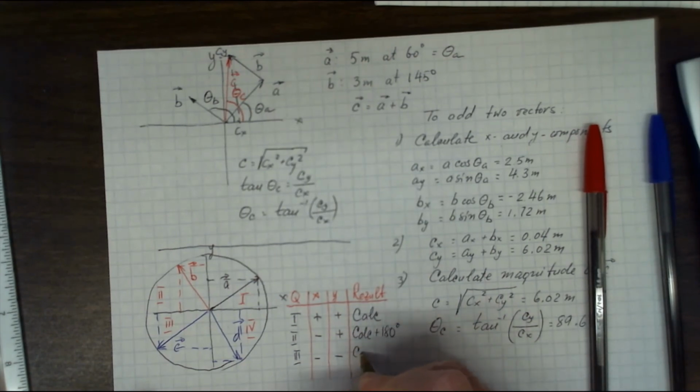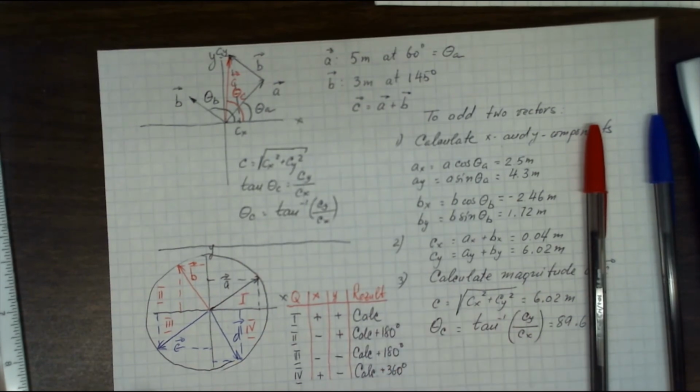You still add 180 degrees to whatever your calculator gives you. And fourth quadrant, positive x, negative y: you do calculator plus 360 degrees.